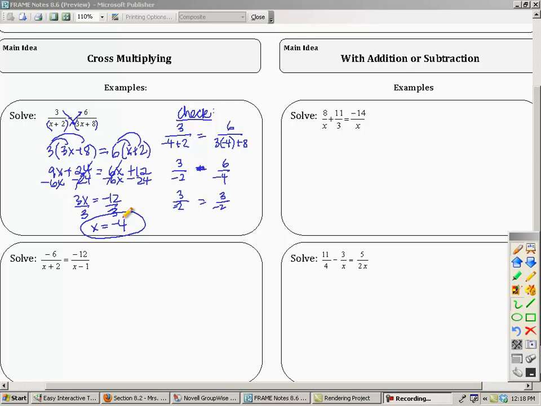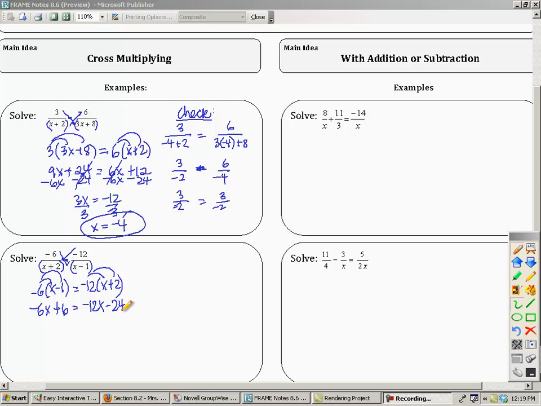Let's take a look. Let's try number 2. Again, if I see a plus or a minus, I'm going to put parentheses, because when I cross multiply, I'm taking negative 6 times x minus 1 equals negative 12 times x plus 2. And I distribute: negative 6x plus 6 equals negative 12x minus 24.